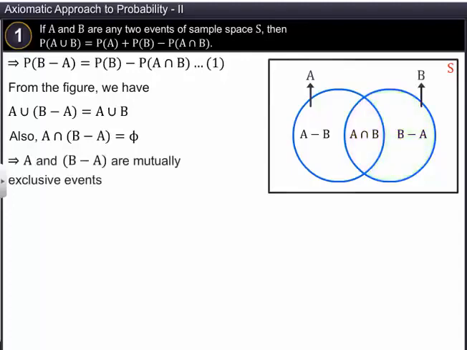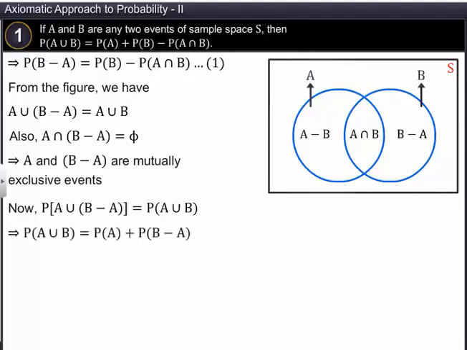Now, P of A union B minus A is equal to P of A union B. Since events A and B minus A are mutually exclusive, P of A union B is equal to P of A plus P of B minus A.